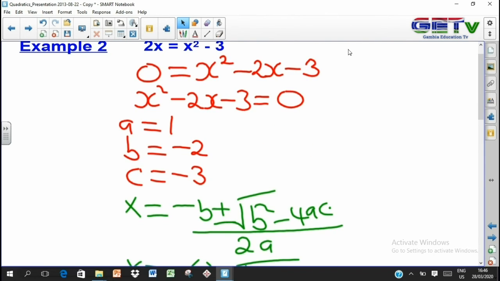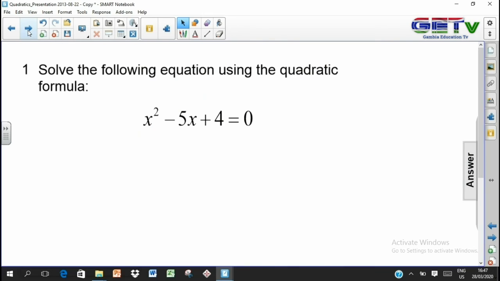Putting any number in place of x in the equation will give you an equal equation or an equal statement. That is, what is going to be on the left must be equal to what is going to be on the right.